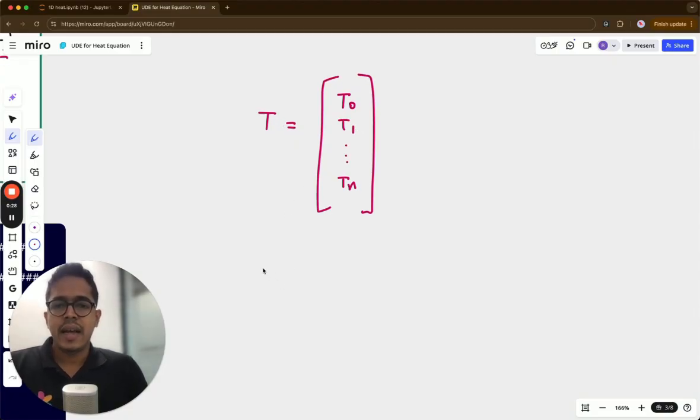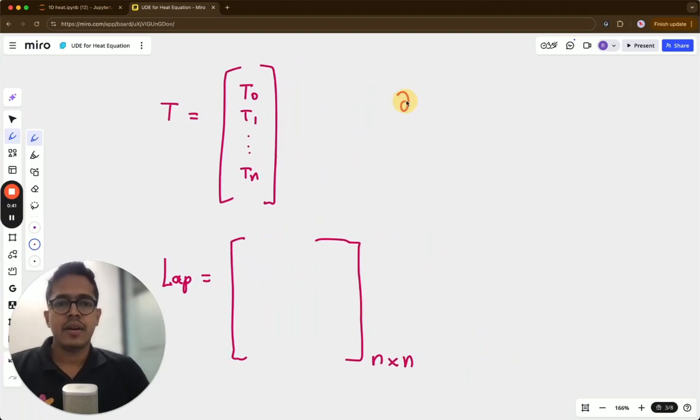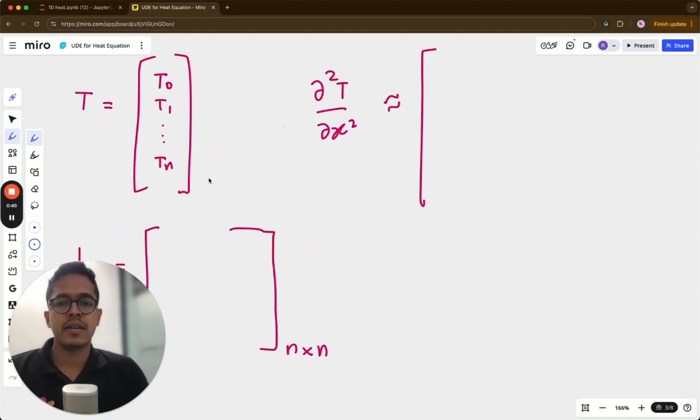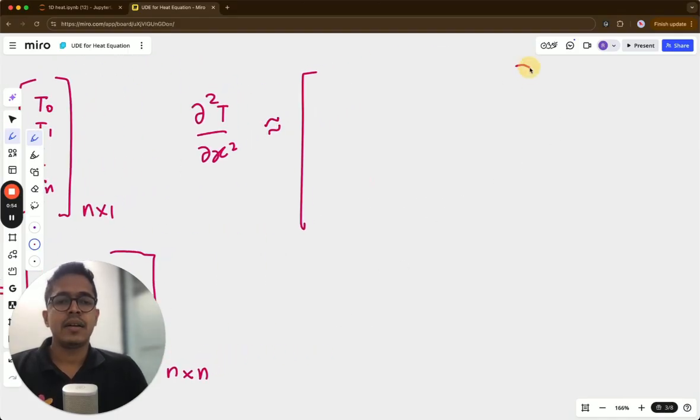Now let's say I have a Laplacian matrix which allows me to do the Laplacian operation. This should be a square matrix with dimension n by n. So dou square T by dou x square can also be approximated as n by 1. So this is n by 1, this is n by n, and this is also n by 1.